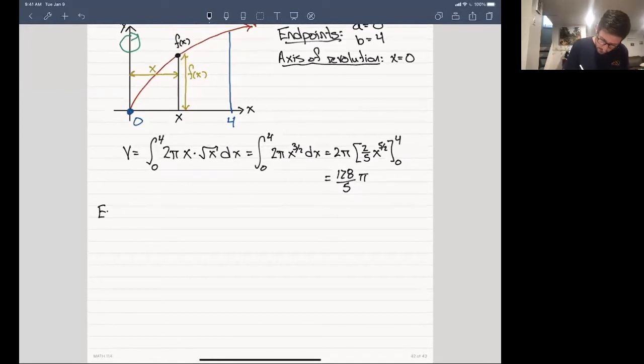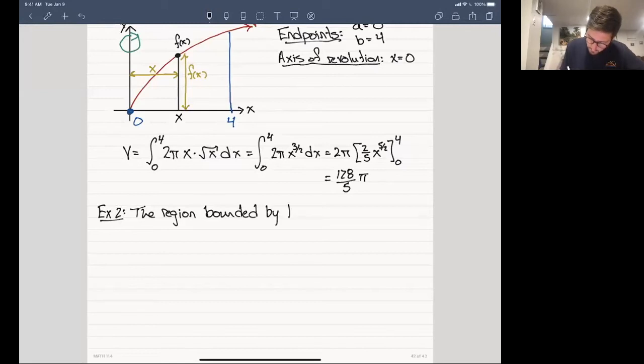So example 2. So the region, we always sort of start with the same explanation. You probably have it memorized by now. The region bounded by the curve. We're going to use the same curve, the square root. We know why. I love to draw it. The x-axis, and x equal to 4 again.